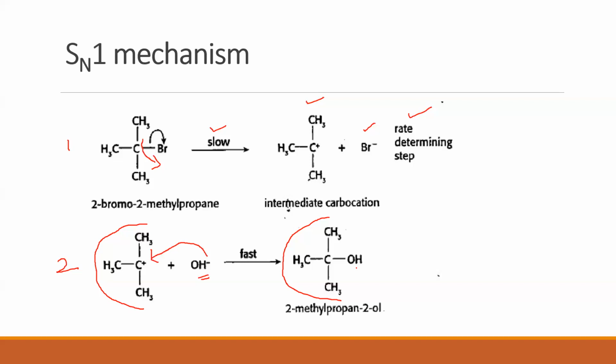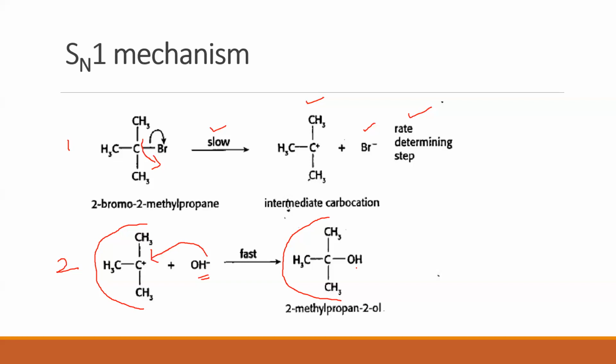Retention means there is no change in the position of the nucleophile in comparison with the halogen. Clear? But this is where a small twist comes. In SN1, both retention and inversion is seen, and it is seen in 50-50%.